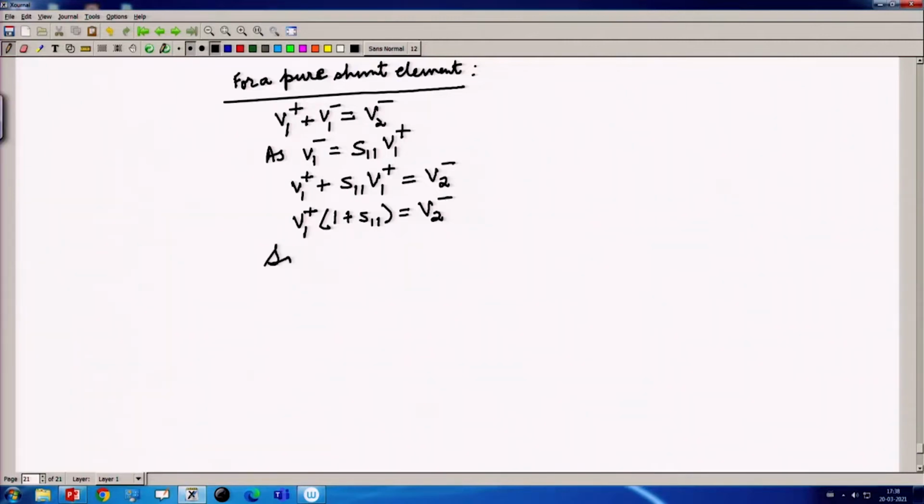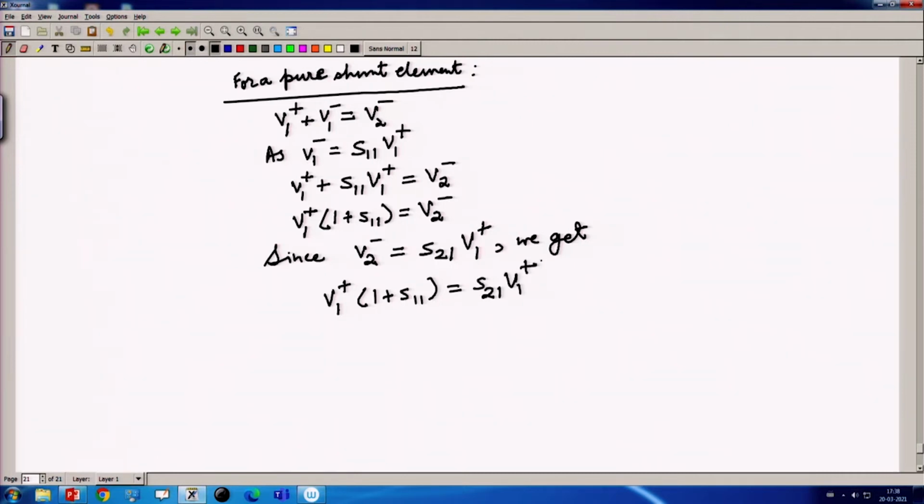Now, since V2 minus is S21 V1 plus, we can write the right hand side as S21 V1 plus.